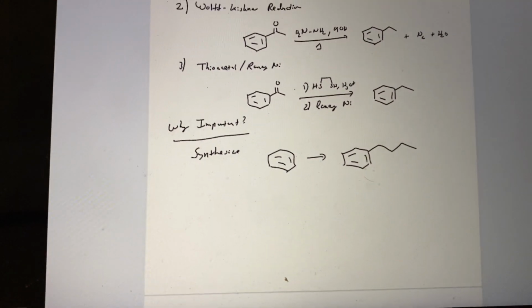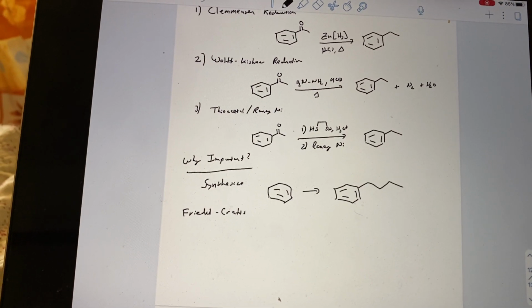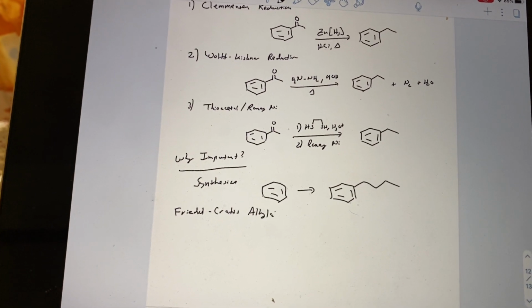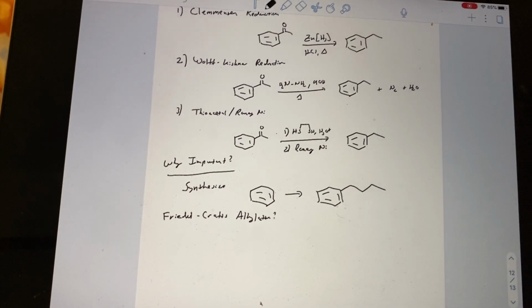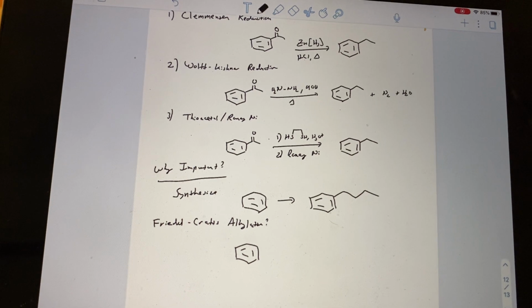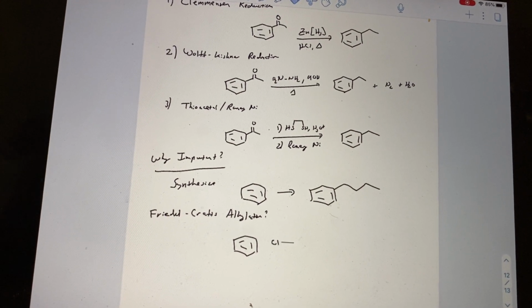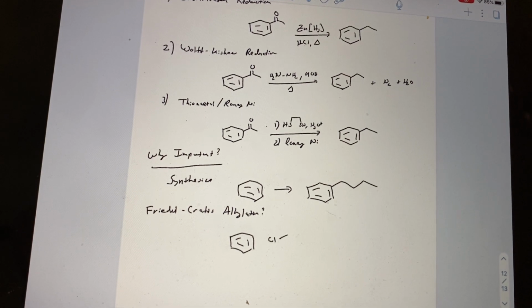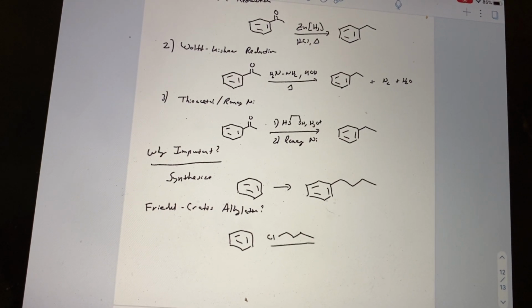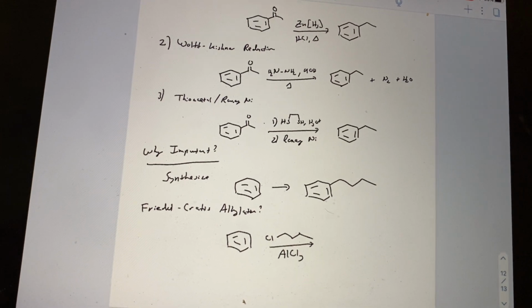The problem is we cannot do this by the Friedel-Crafts alkylation. That would be the nice thing: we take benzene and treat it with a straight chain, let's make it 1, 2, 3, 4 carbons, and aluminum trichloride. That would be nice.